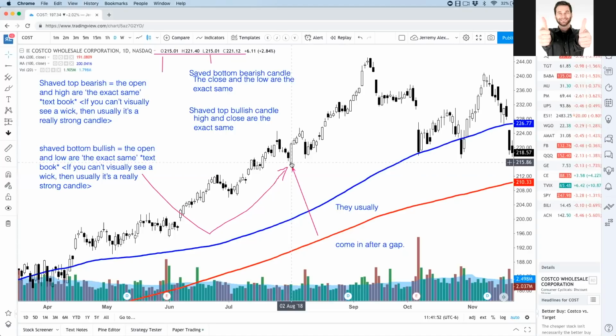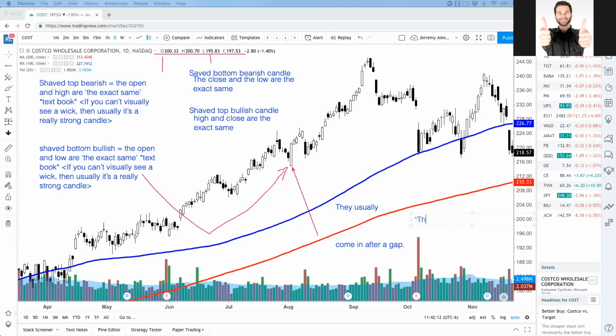What I love about shaved bottom candles is they present such a strong support. It doesn't mean that the support can't get broken by any means, but when you find these candles, it also helps you with one of the secrets that I shared in a webinar a while ago.